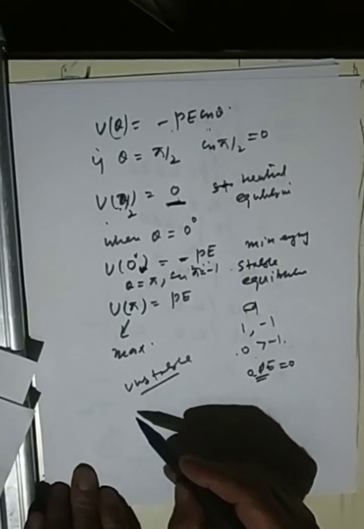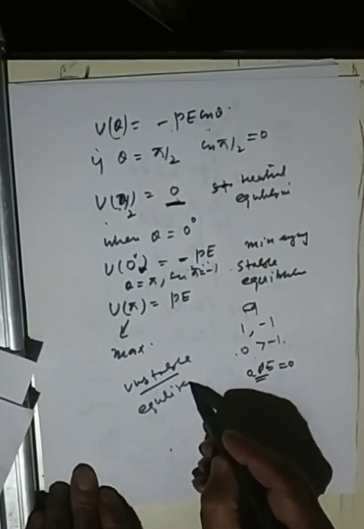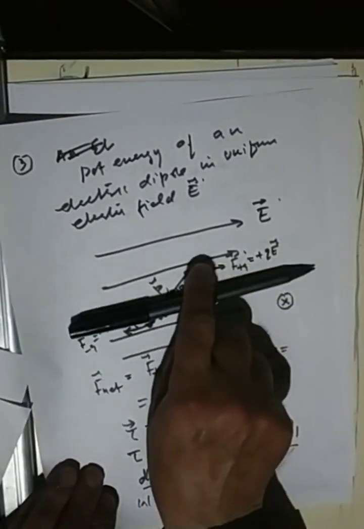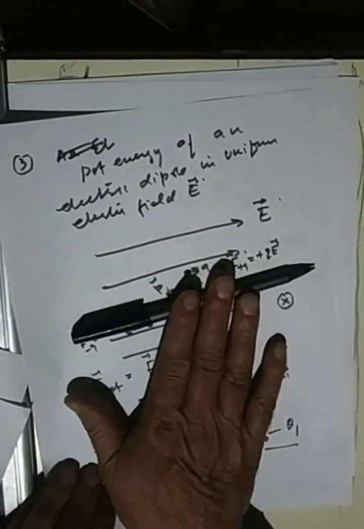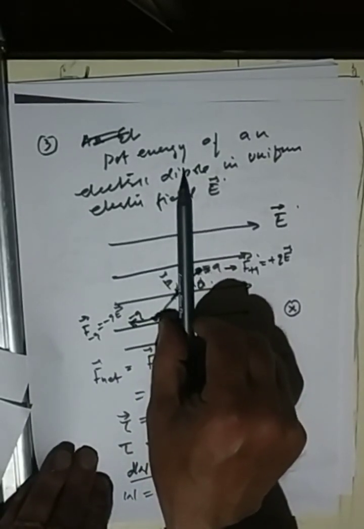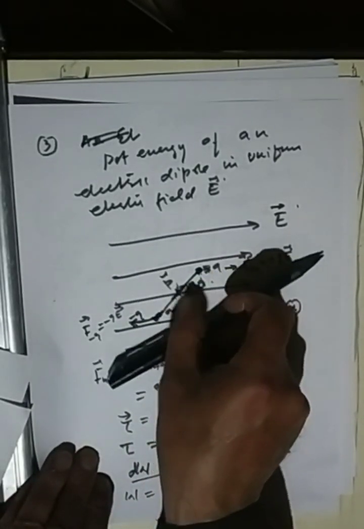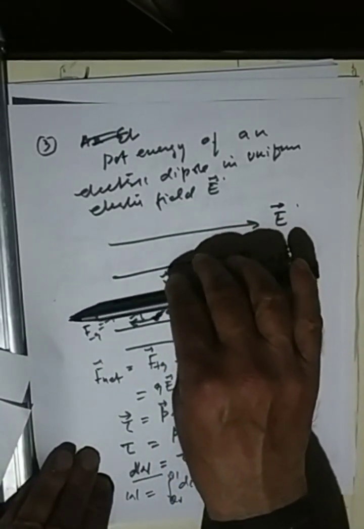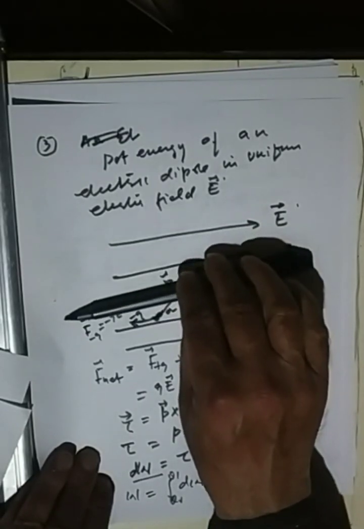Dipole is in unstable equilibrium, and it will try to align back in this direction. जब इस डायरेक्शन में होगा तो स्टेबल होगा, तो रहेगा इसी में. जब यहाँ पर हो तो ये अनस्टेबल होगी, इसकी एनर्जी मैक्सिमम होगी. Everything tries to be in this minimum state of energy, so it will try to oscillate and come back to, if free to do so, it will try to be in this direction. Okay, thank you.